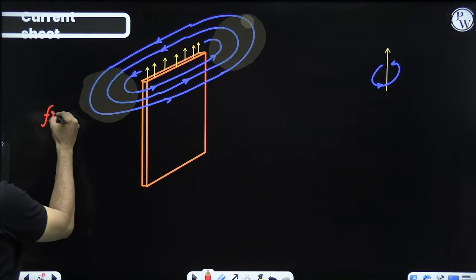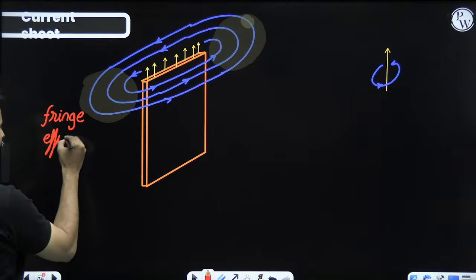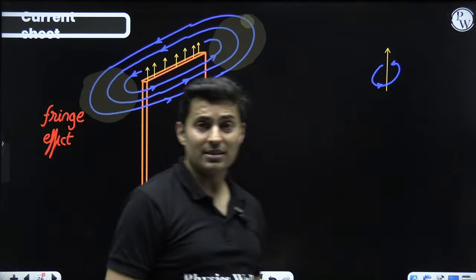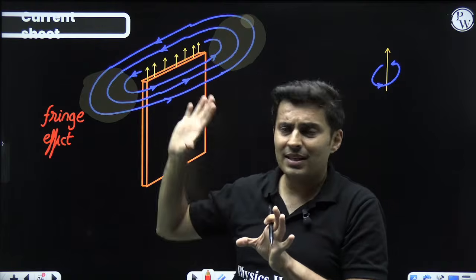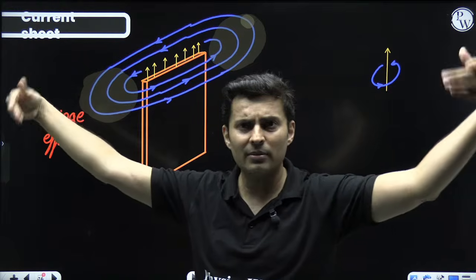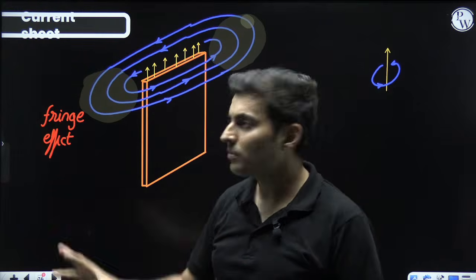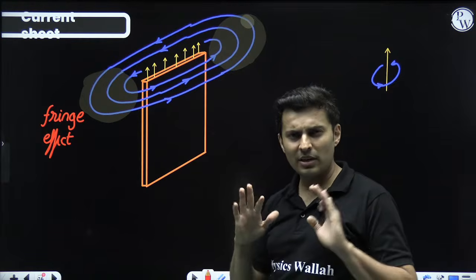That is called fringing. Fringe means end. That word fringe means, like a fringe outfit, an outfit which is towards the end, somewhere on the edge. So it's a fringe effect. So it's at the end. So we are not worried about the end.